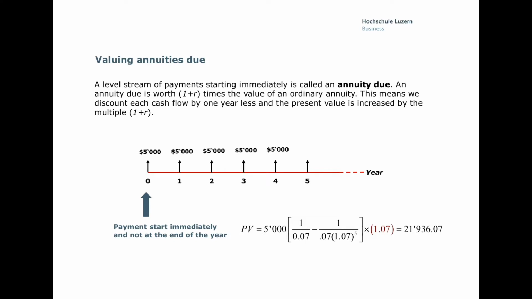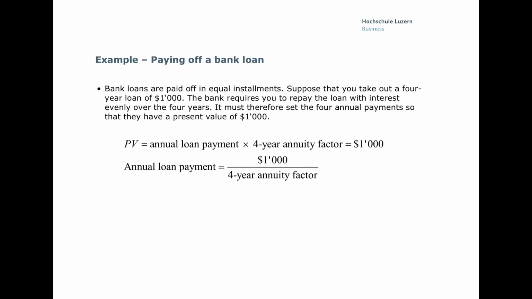In other words, this means that we discount each cash flow by 1 year less, and the present value is increased by the multiple 1 plus R. In the context of our previous example, we can conclude that the present value of an annuity due is $21,936.07.